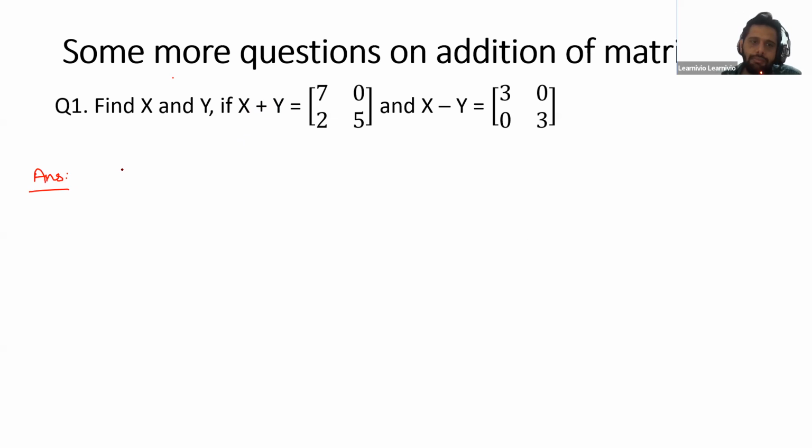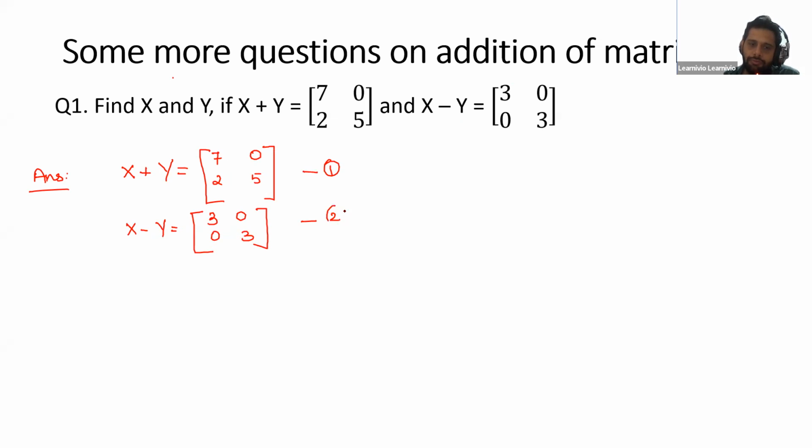Now the same method we will apply in this question also. So x plus y is equal to 7, 0, 2, and 5. And the second equation, we have this one, 3, 0, 0, 3. Let this be equation first and this be equation second.